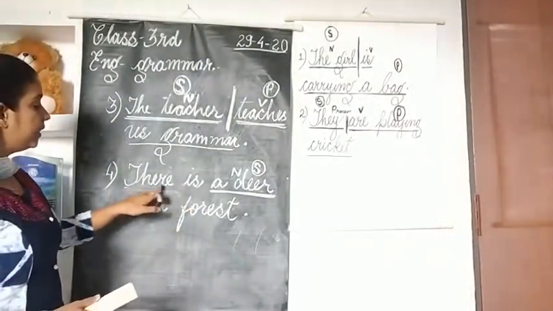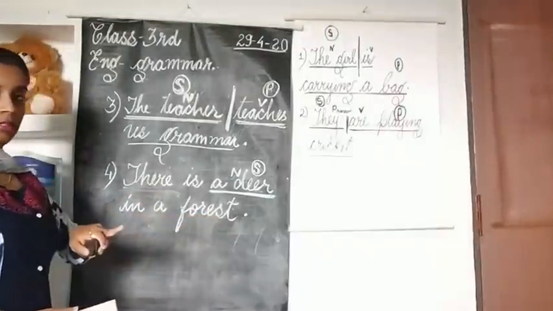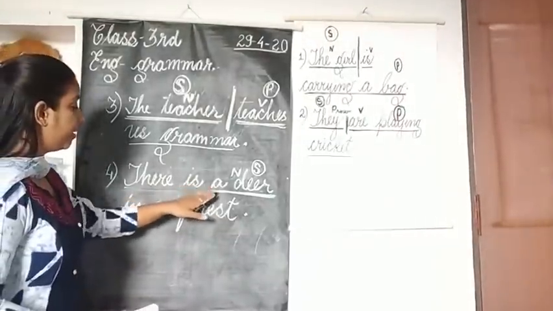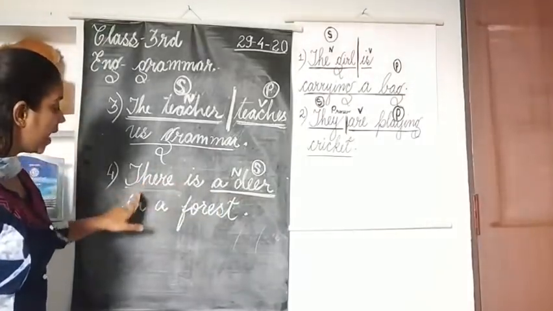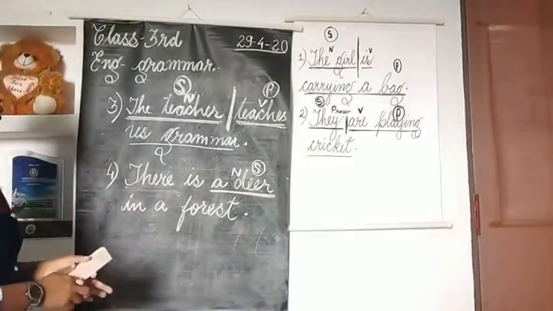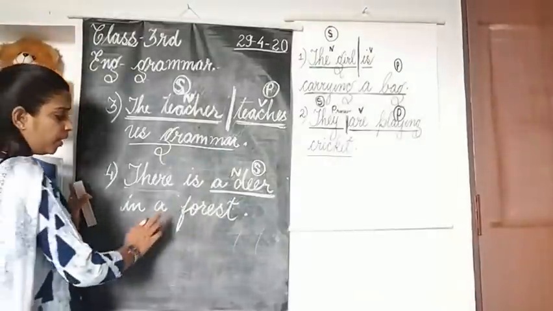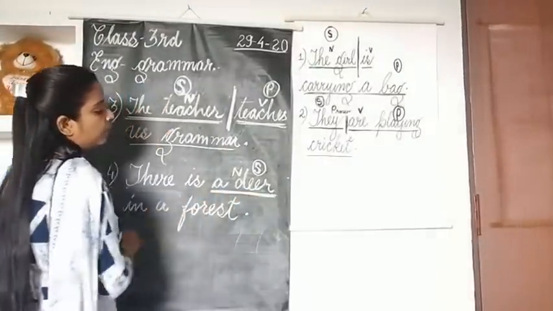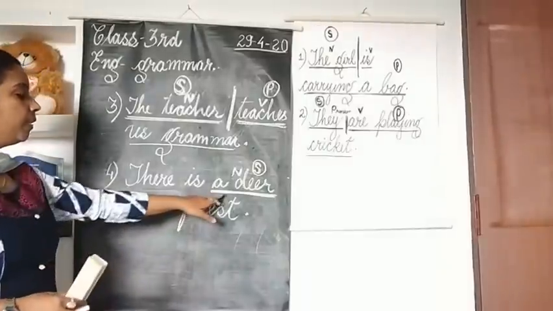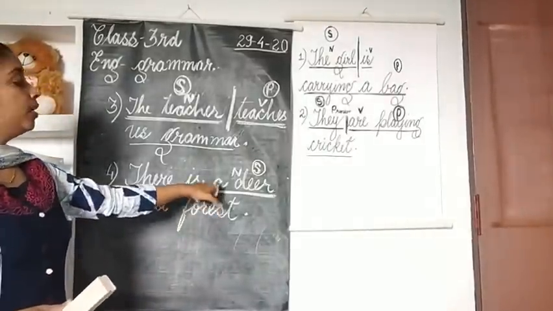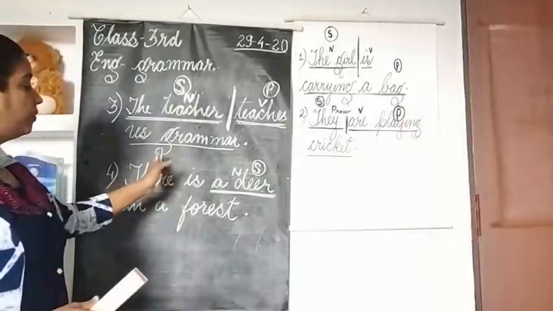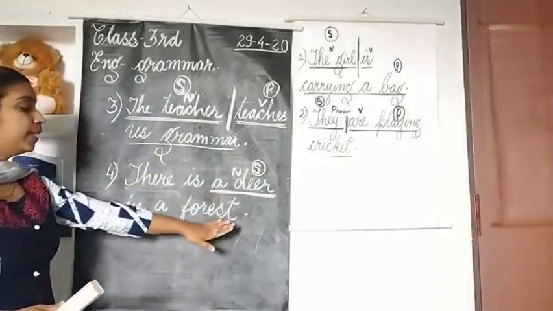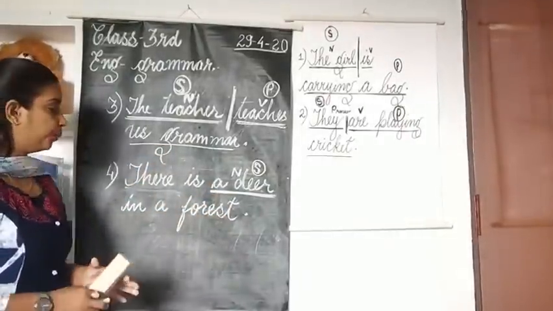That it is there in a forest. Now you can see, children, in this sentence, the subject is not the beginning part. It is placed somewhere in between the sentence. So in some cases, the subject comes at the end of the sentence also.